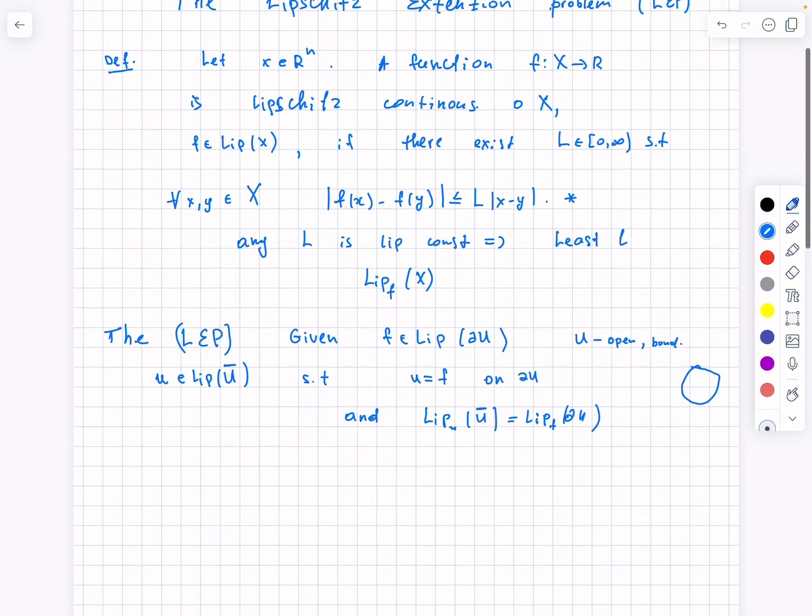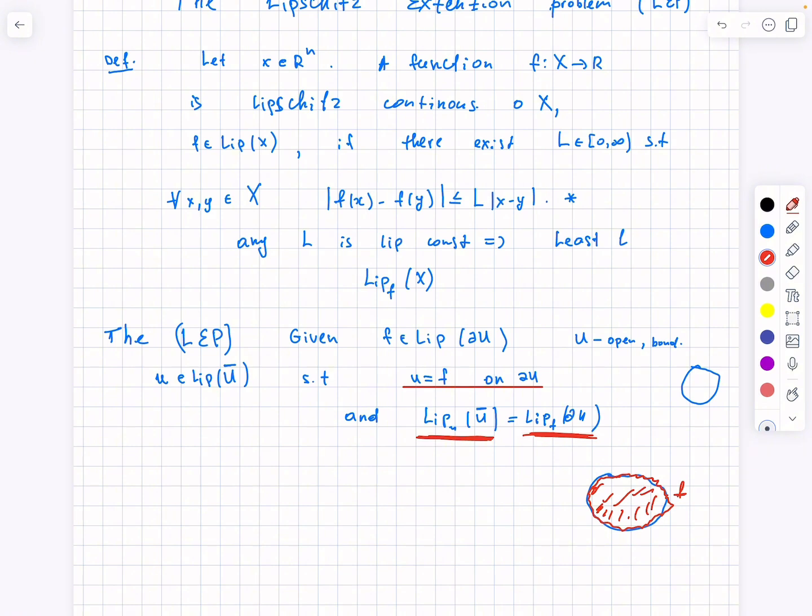How to understand this? For example, we have something like this domain, and this is our boundary, and we have f on this boundary, and we have to find u such that it is exactly the same as f on the boundary, and inside, everywhere this minimal Lipschitz constant is the same.